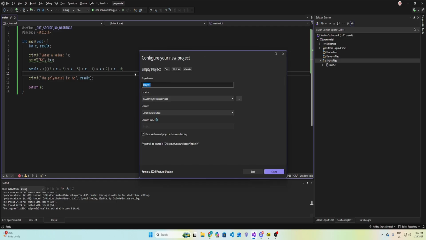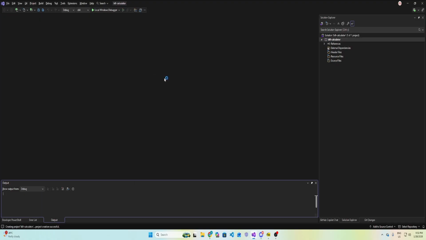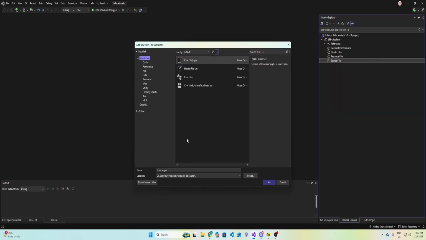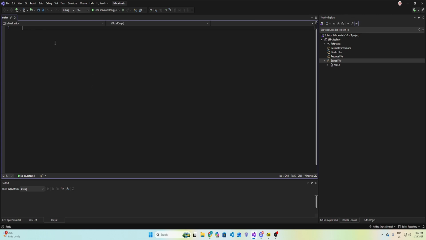Next one. Let's say bill calculator. This one might be a bit tricky. Secure no warnings.